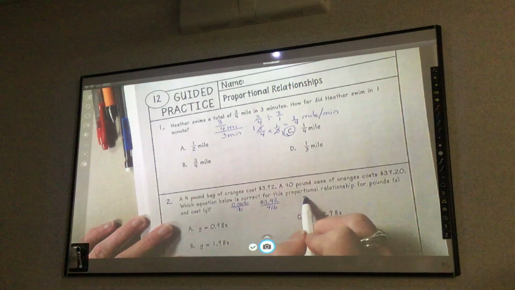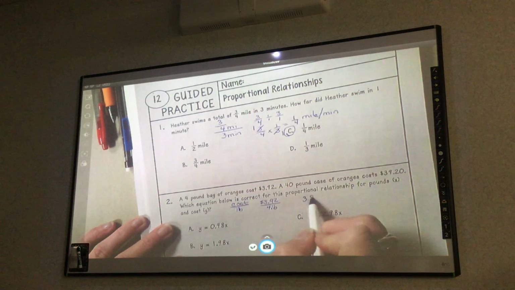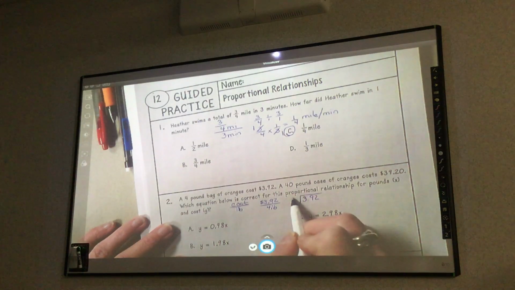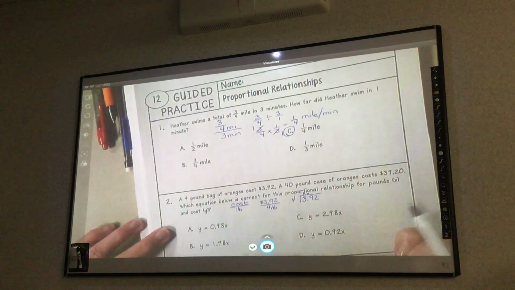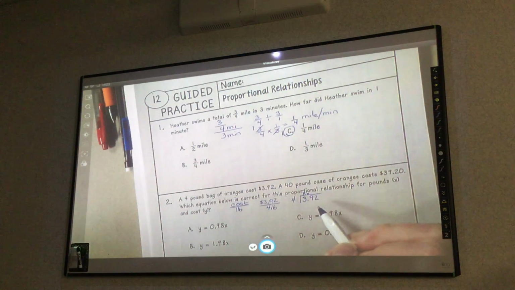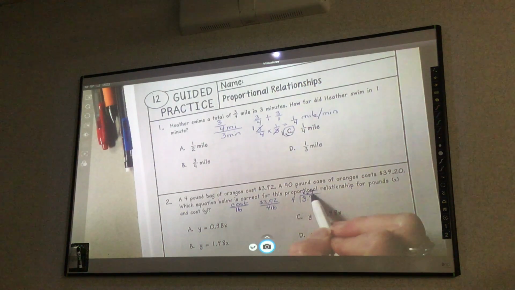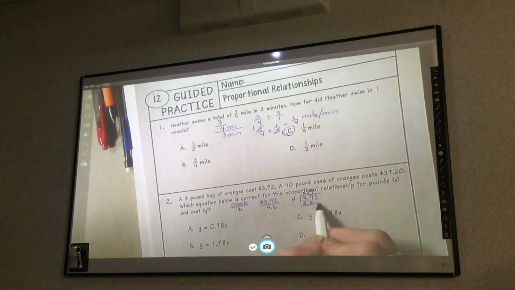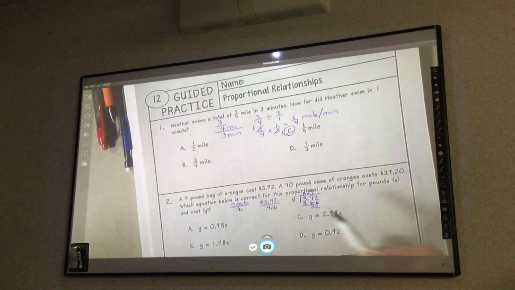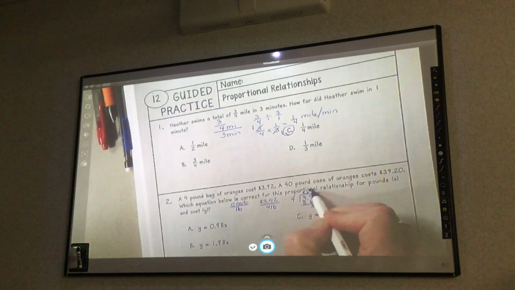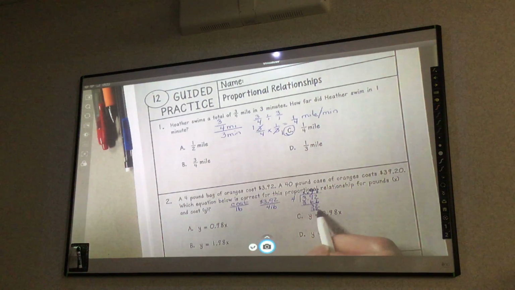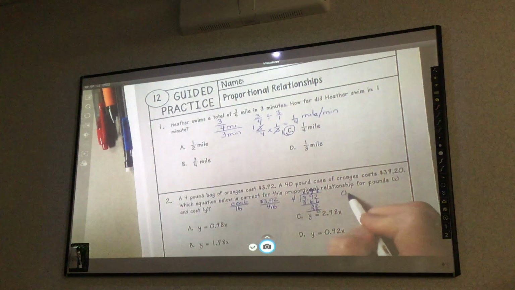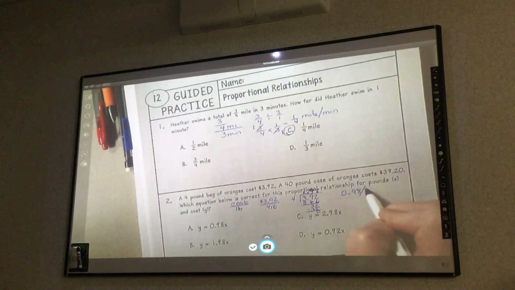So then I'm gonna take $3.92 divided by 4. 4 doesn't go into 3, but it goes into 39 how many times? 9 times. 9 times 4 is 36. So we got 32 left, so 4 goes into 32 how many times? 8. And 8 times 4 is 32. Okay. So we've got 98 cents per pound.